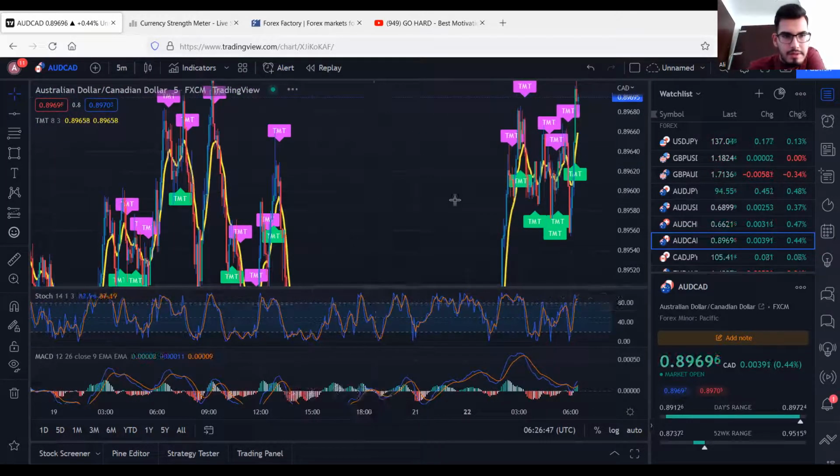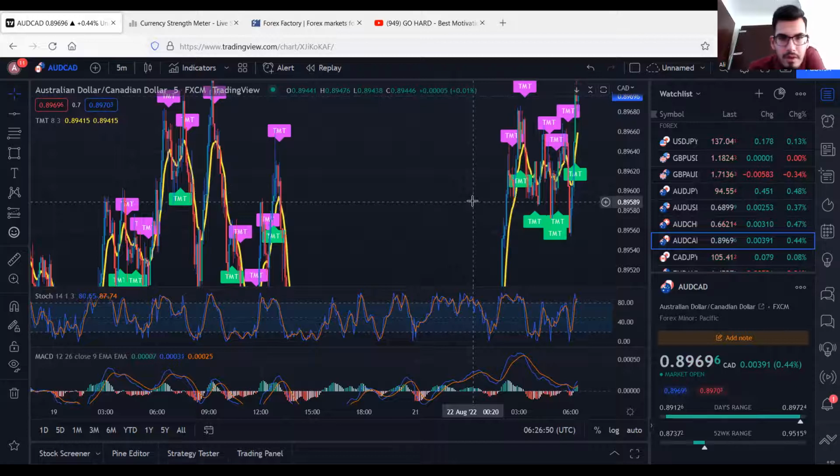For support or resistance. There we go. There is one area here. It is far away from us.